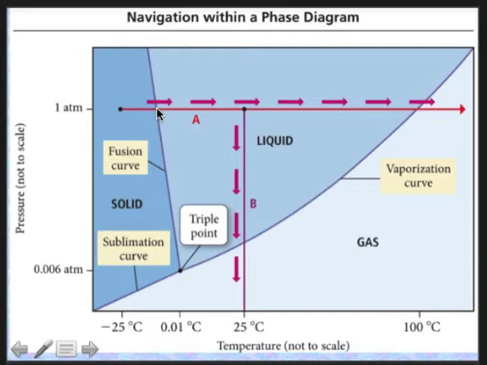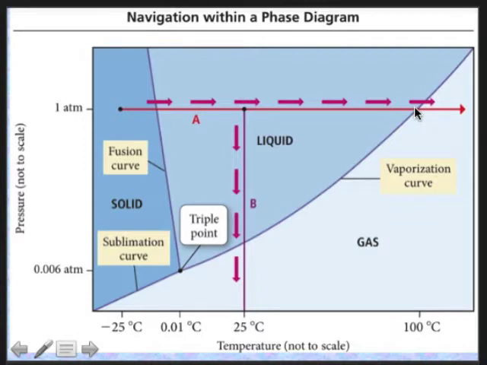After all the ice has melted and we continue warming the liquid, we now move into the liquid portion, and we can travel all the way to 100 degrees Celsius, where we get to the boundary between liquid and gas. At this point, we have boiling.